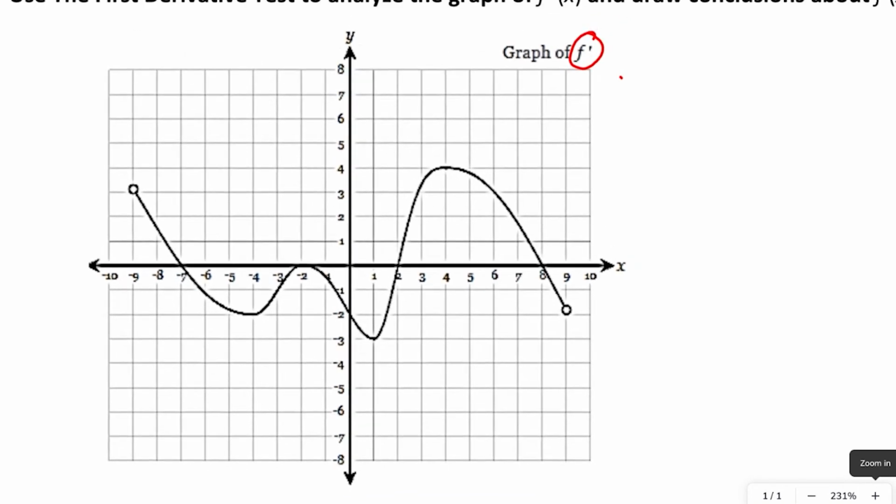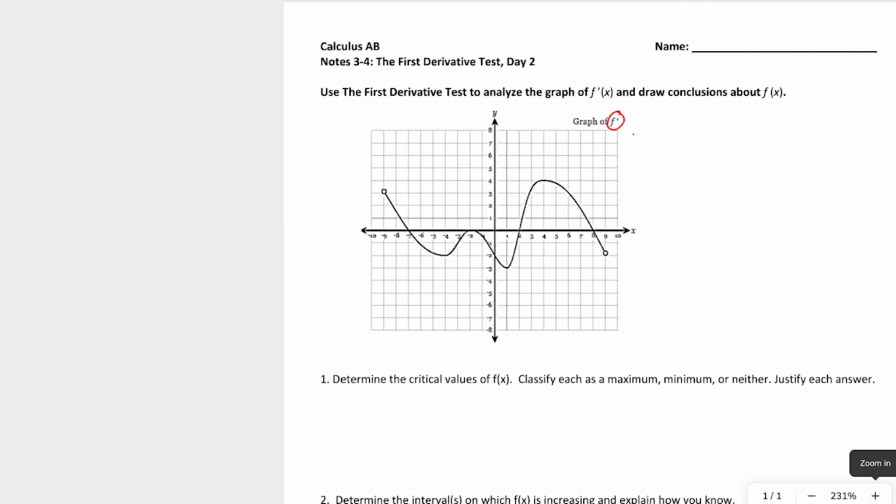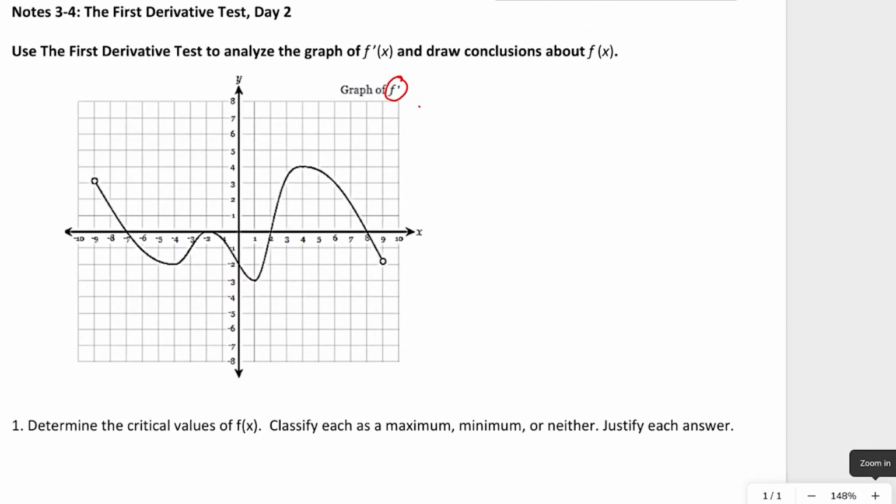So what I want to do is create a little number line chart here with all the values that are going to be key. We've got -9 and 9 as our endpoints here. And basically just kind of reinterpret what we're seeing over here, but only picking out the pieces we really care about for this type of analysis.